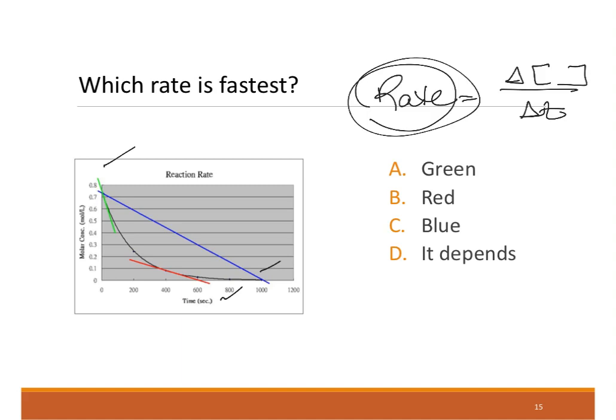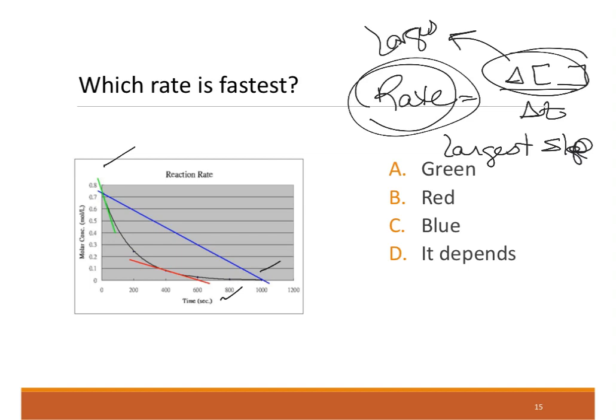It is the one with the largest slope, so that means the one with the largest change in concentration. Hopefully you can now see that the green line has the largest slope. It has quite a bit of change in Y value, or concentration, for just a small change in time.